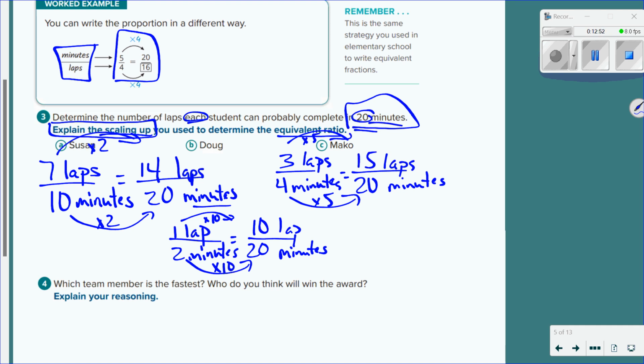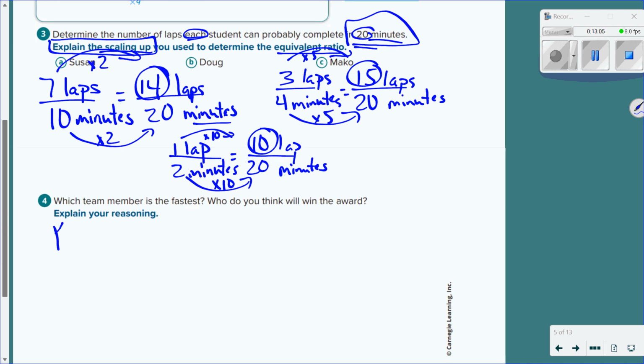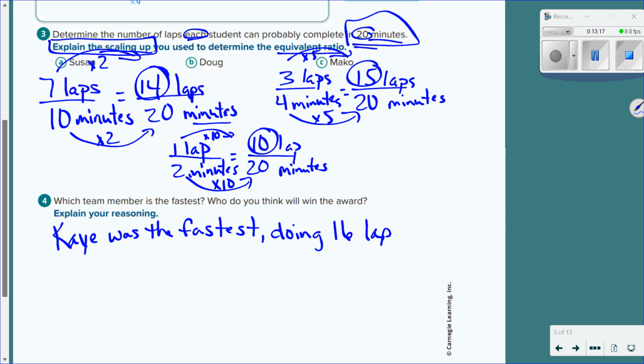So I now know I have 16, 14, 15, and 10. Who won? K got 16. K was the fastest, doing 16 laps to win the award.